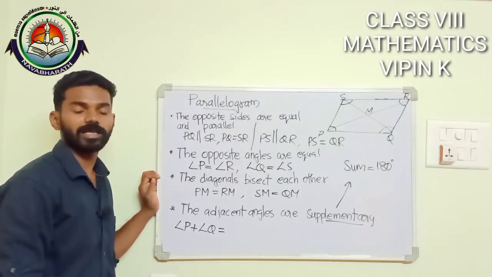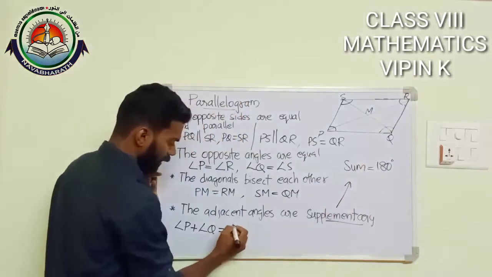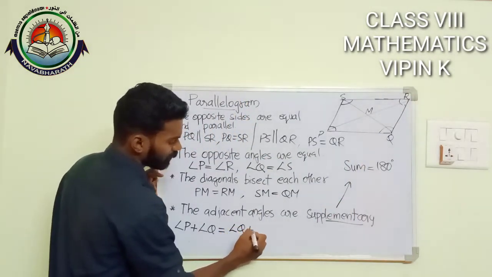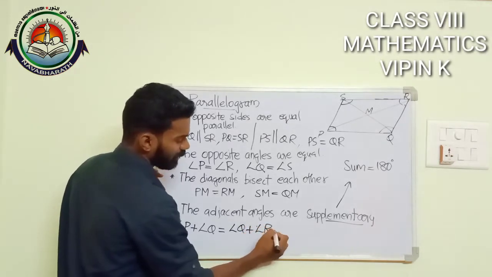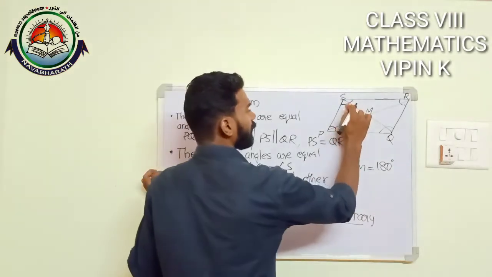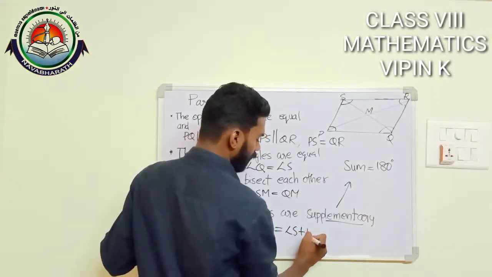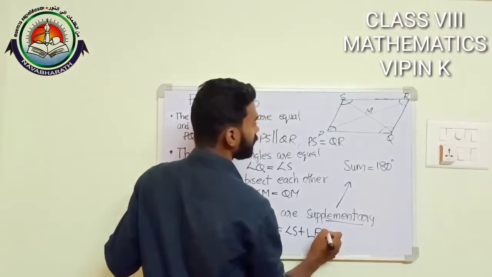You can say that angle P plus angle Q would be equal to 180 degrees. Similarly, the next pair, angle Q and angle R, their sum also would be 180 degrees. The next pair, angle S and angle R, their sum also would be 180 degrees.